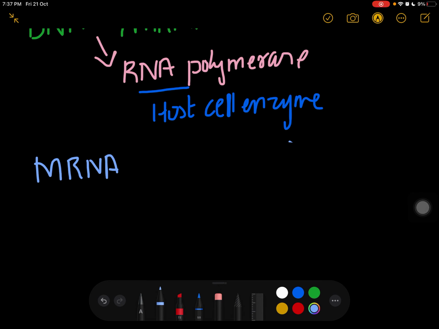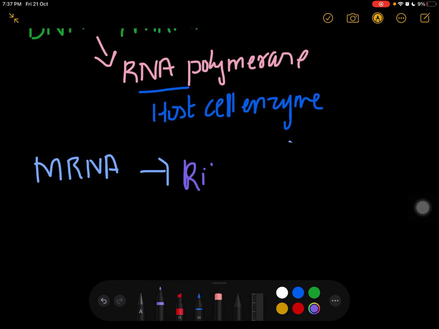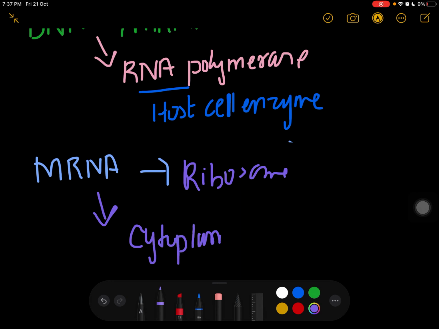One mRNA will go into the ribosome, and one mRNA will go to the cytoplasm, right? For what reason? For the production of other HIV viruses, for the replication of other HIV viruses. Obviously RNA is required for the production of HIV virus.